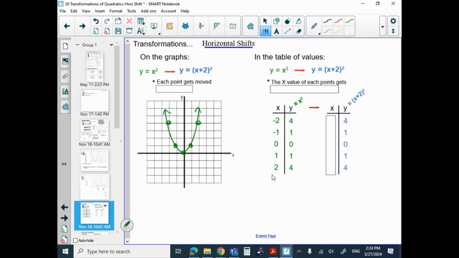So there's your regular y equals x squared. If I'm trying to do this graph, I know, because I know about brackets backwards, that it's going to go to the left 2, right? So let's go to the left. Everything goes to the left, right? There's a point there, there's a point there, 2 to the left, there's a point there, and so on. 2 to the left, point here, 2 to the left, there's a point there.